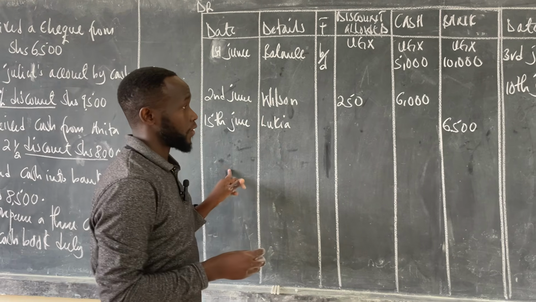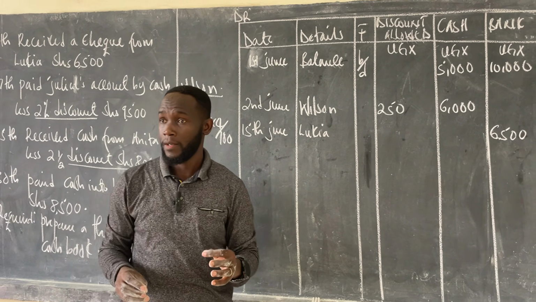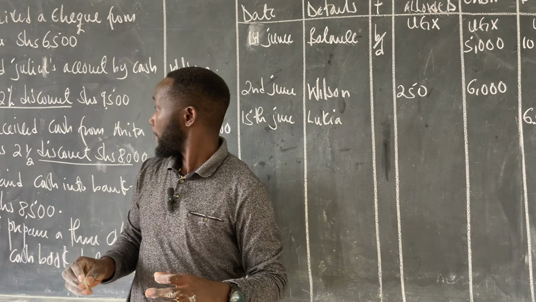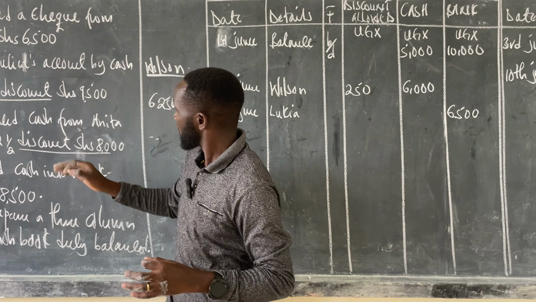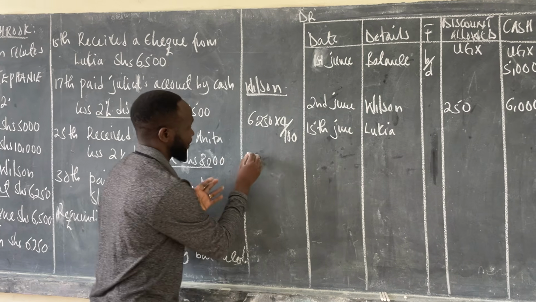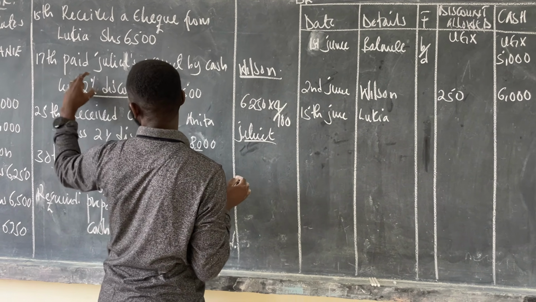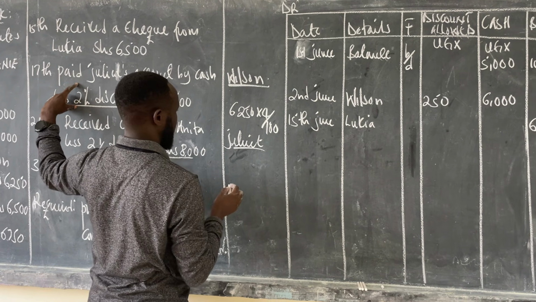17th. What happened on the 17th? Paid Juliet to his account. Paid Juliet by cash. Okay. Now, we have Juliet here. Good that this transaction is just ahead of me here.